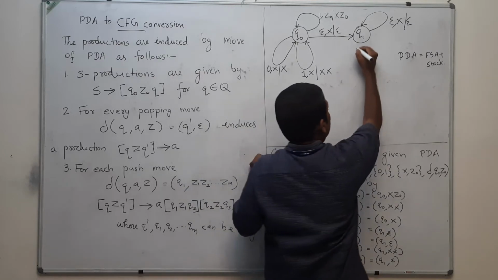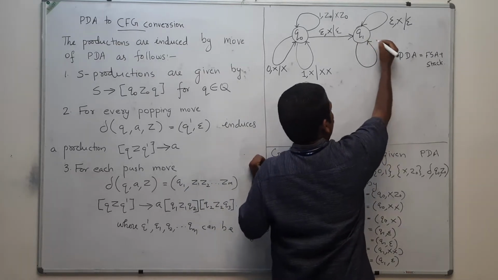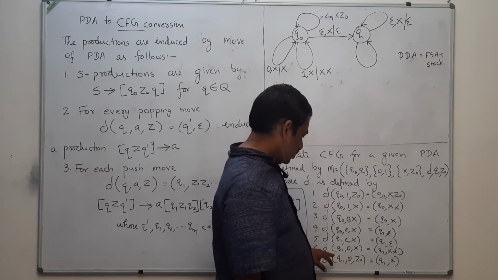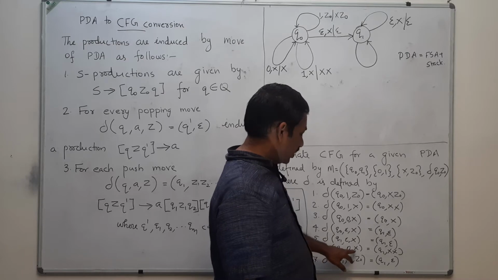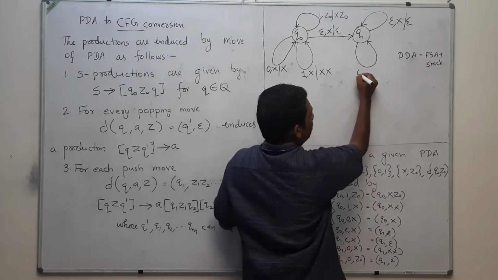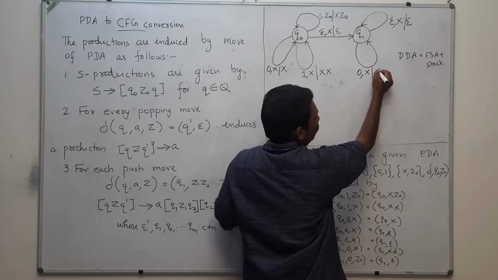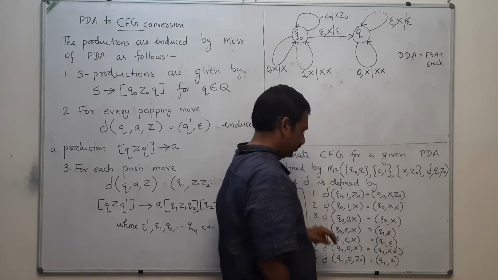That means again it is a movement from q1 to q1. Here q1 to q1, and q1, 0, x. If the current input is 0 and the top of the stack is x, you are going to push x onto the stack.